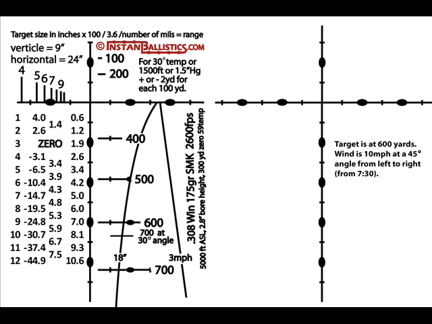Actually, the wind has a little bit more of an effect than what you would expect at a 45-degree angle. So you have to adjust for about 0.7 of the standard wind adjustment. And this gives you the proper hold for this scenario.